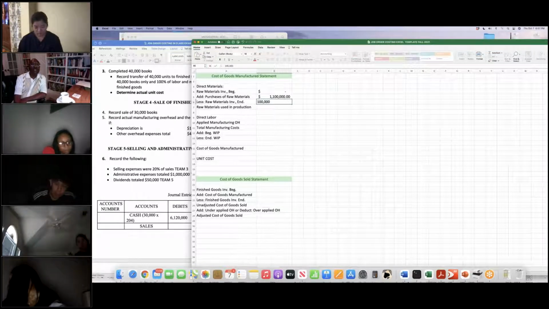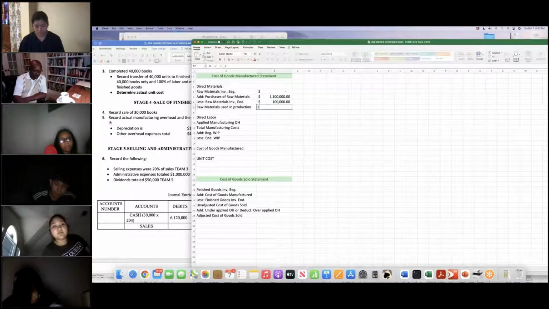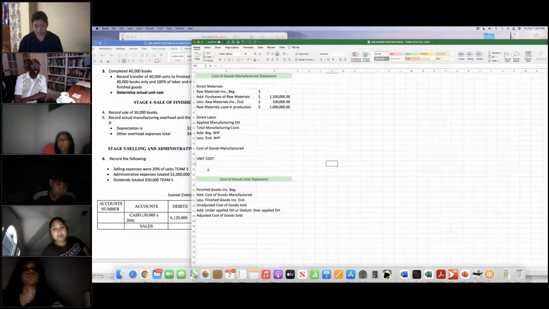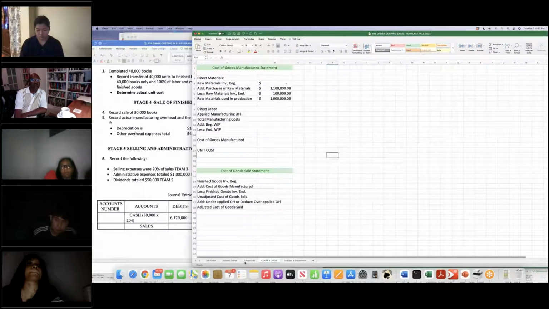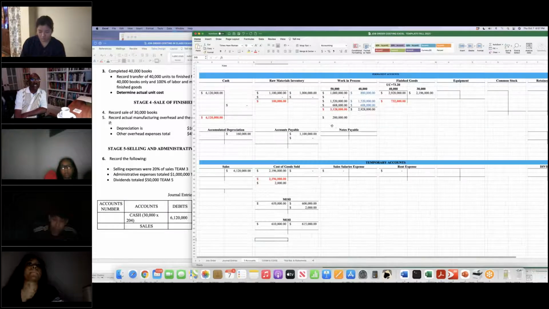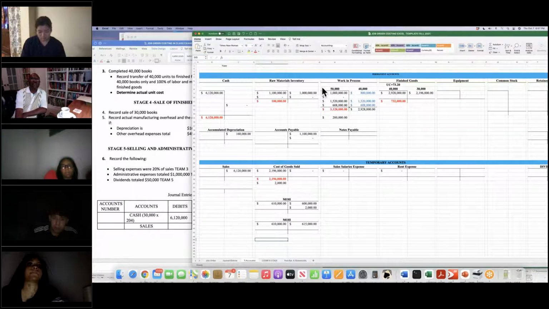So the raw material used in production were $1 million. And this information is located in the T account for raw materials, right there.